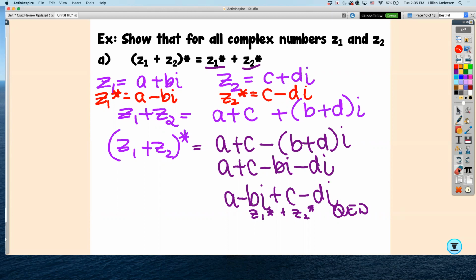This one here came from the inside part. I took the left-hand side of this equation, and I was essentially showing that it equaled the right-hand side. So I started off by adding Z1 and Z2 together. Then I applied the conjugate, which is these two. Distribute the negative, rearranged, and then we had the conjugate of Z1 plus the conjugate of Z2.